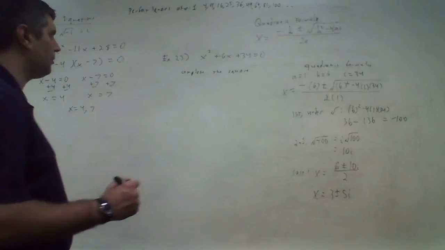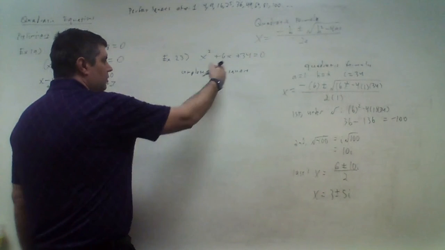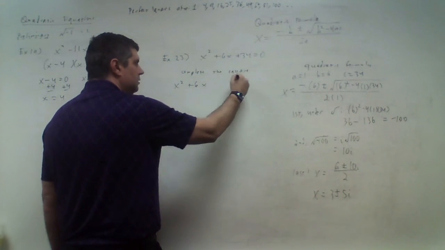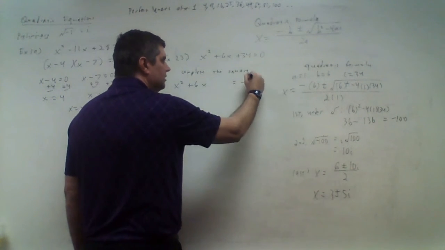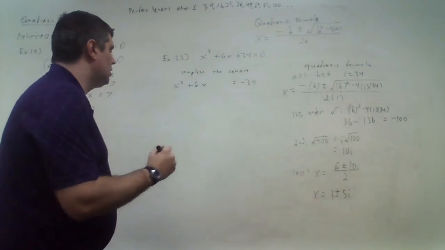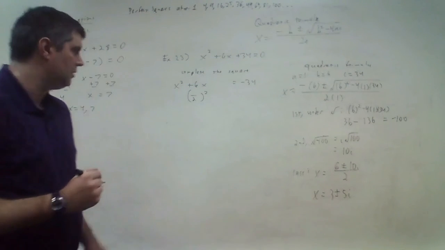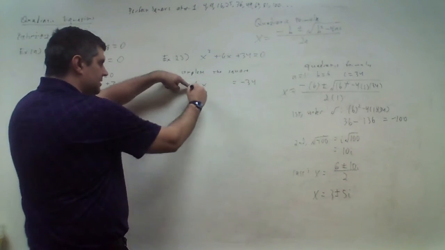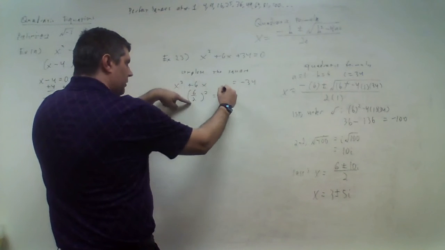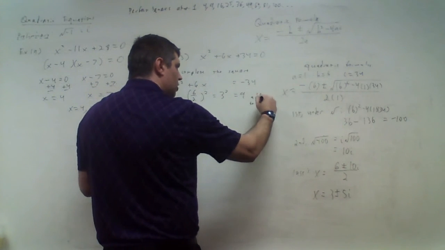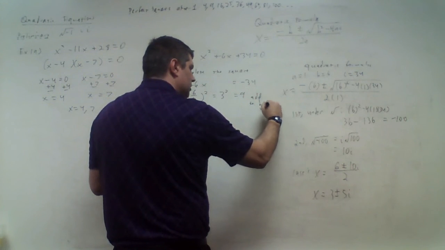The other option is to complete the square. So we'll subtract the 34 from both sides. We're going to be cutting something in half and squaring the result. That something is the 6. 3 squared is 9. Add to both sides.